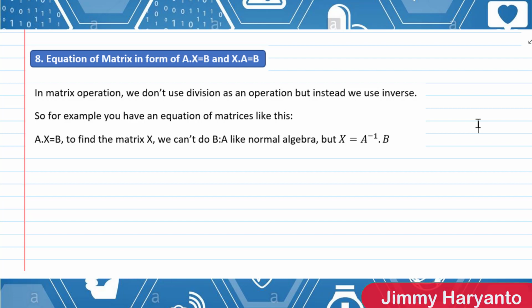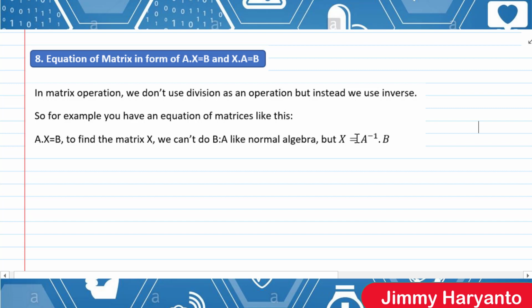So for example, you have an equation of matrix like this, A times X equals to B. Normally when you did this in algebra, you will move the A to the right side, right? So when you move the A to the right side, you will write B divided by A. But in matrix we cannot do that, but instead we will use inverse.